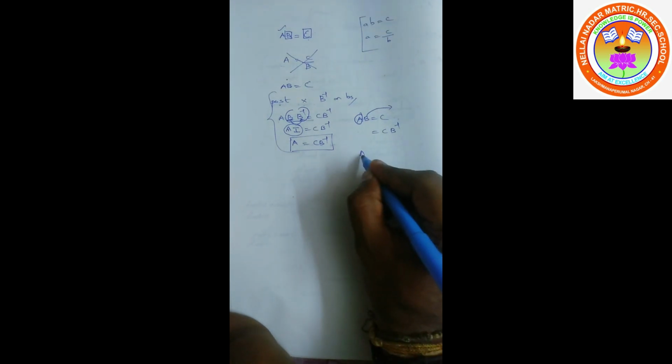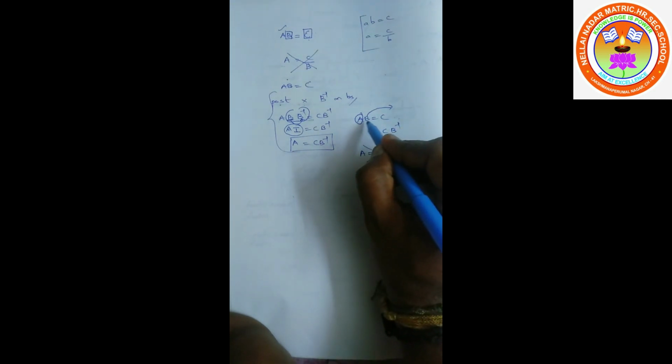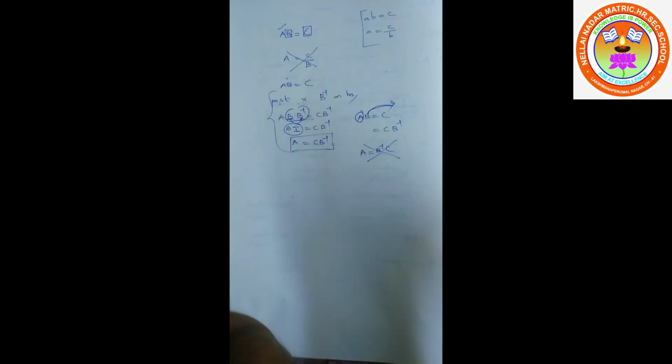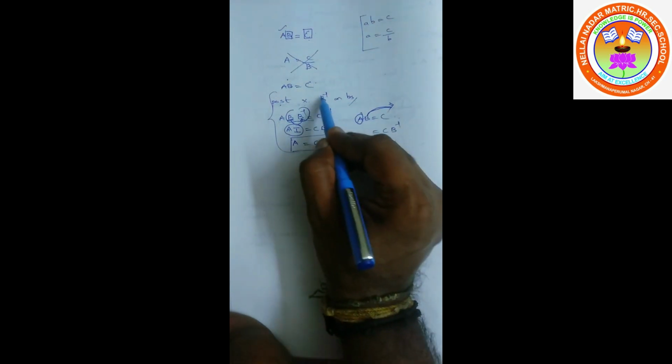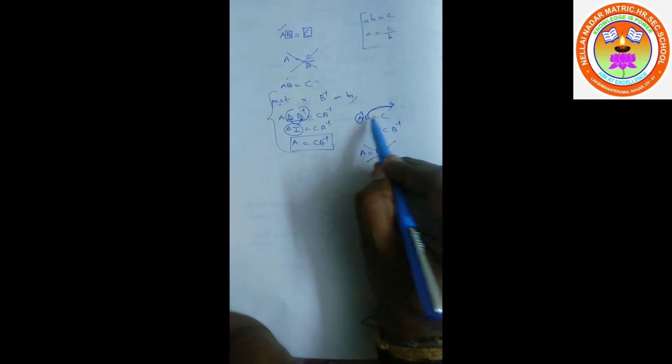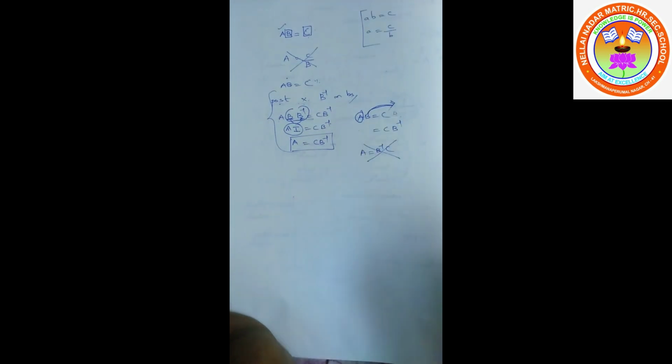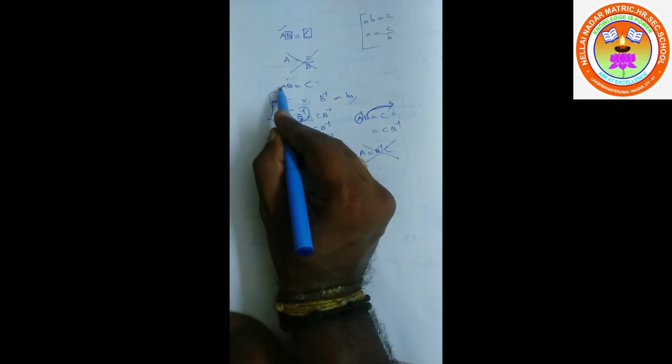I want to teach the main thing. You should not write B inverse into C. This is wrong. You need to post multiply, so B inverse goes on this side. Pre-multiplying by B inverse is a waste here; B inverse into A is useless.